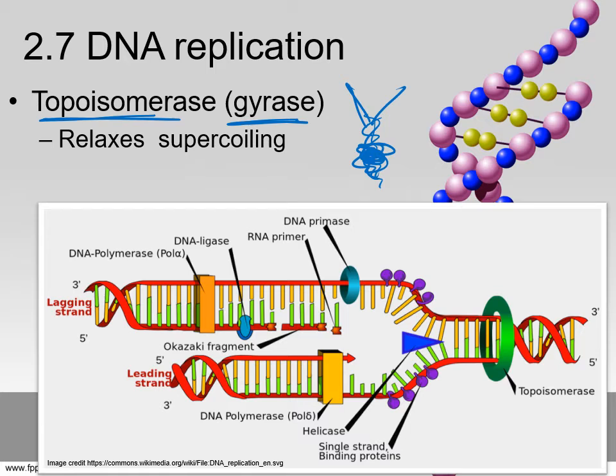It's going to get all knotted up if we just pull it apart super fast. So we have this enzyme topoisomerase, also called gyrase, and its job is simply to relax the supercoiling. It does that by actually breaking the DNA and then putting it back together, breaking it to get rid of the tangles and then putting it back together so that replication can happen appropriately. So it's going to relax that supercoiling so that we don't get a bunch of knots in our DNA.